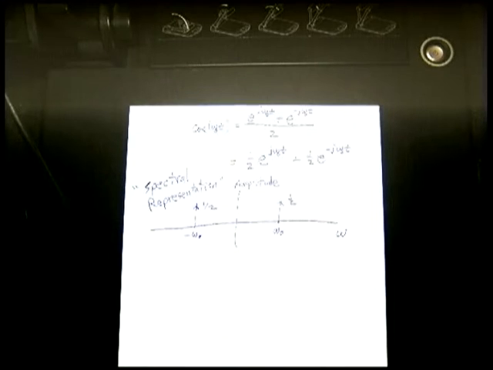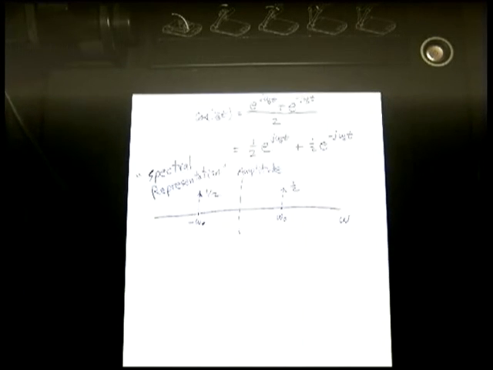So it's just a way of plotting the amplitude versus omega in this signal. So the amplitude is 1/2 for both positive omega sub 0 and negative omega sub 0.